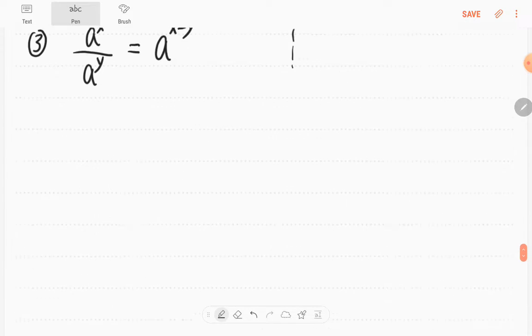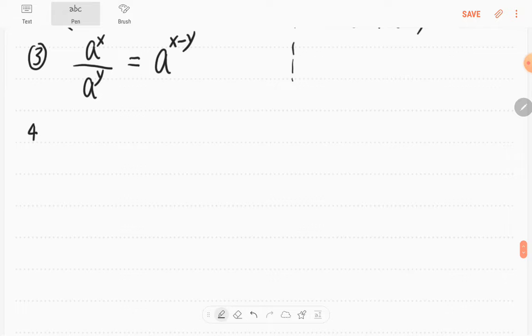Now let's look at the fourth property, which is used to solve exponential equations: a to the x is equal to a to the y if and only if x is equal to y.